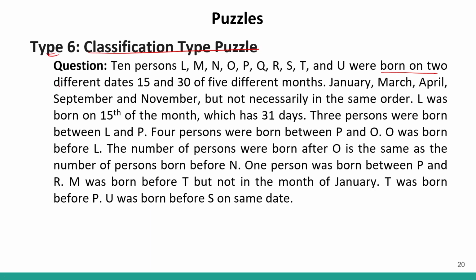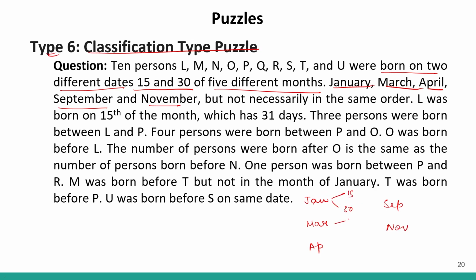They are born on 2 different dates, 15 and 30, in 5 different months. Okay, so the months are January, March, April, September and November, and 2 dates, 15 and 30.